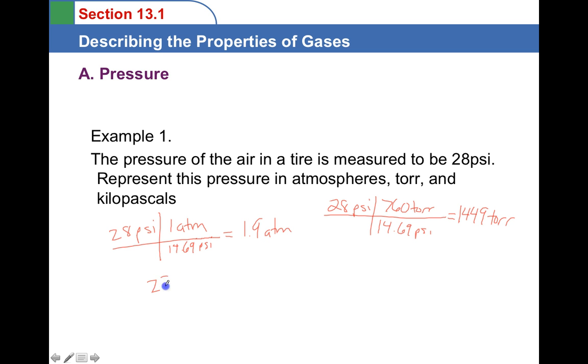Again, 28 psi, 14.69 is still at the bottom, and that is equal to 101.3 kPa. When we multiply and then divide, you end up with 193 kilopascals.